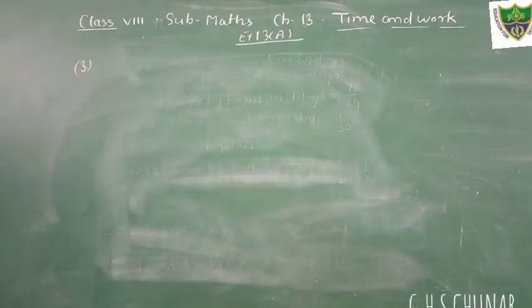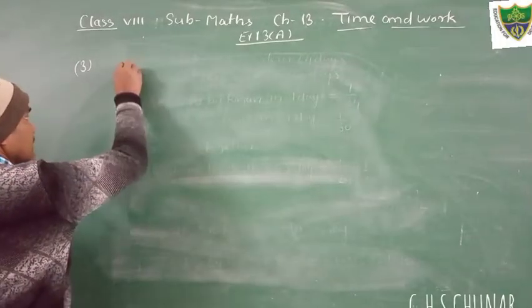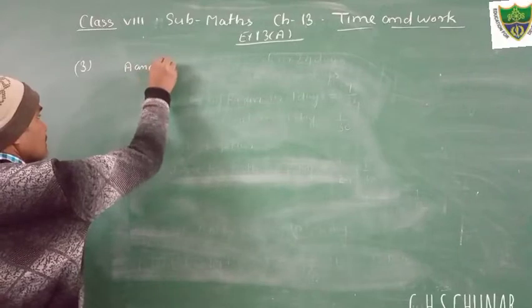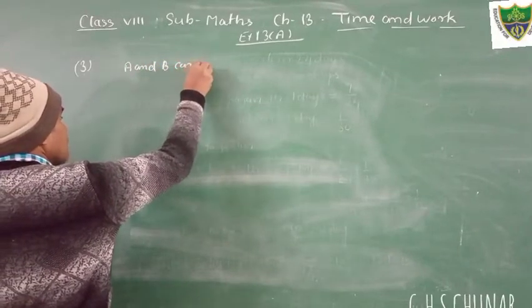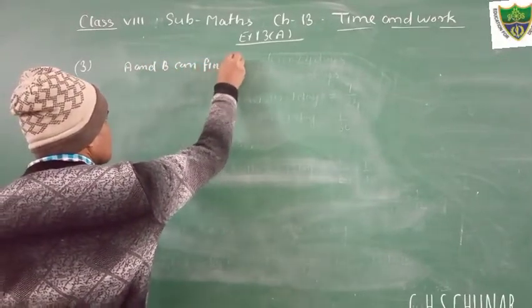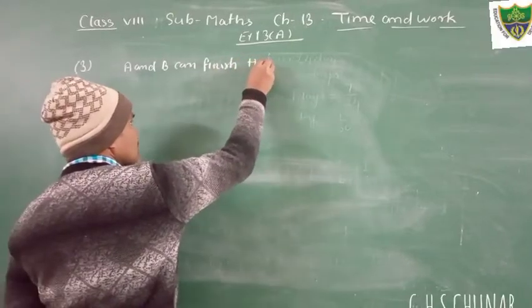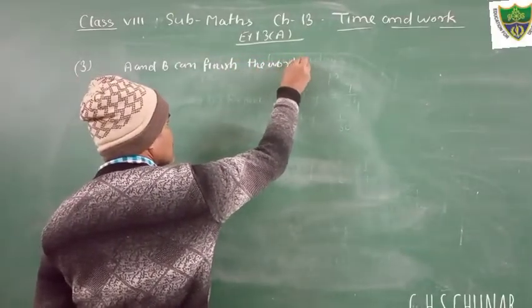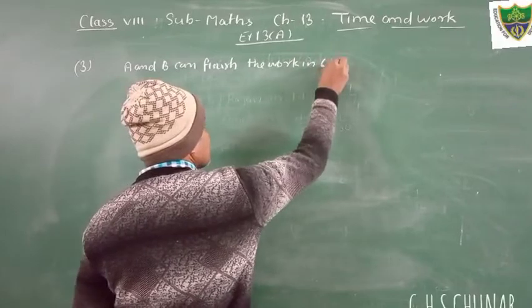It is given that A and B working together can finish the work in 6 days.